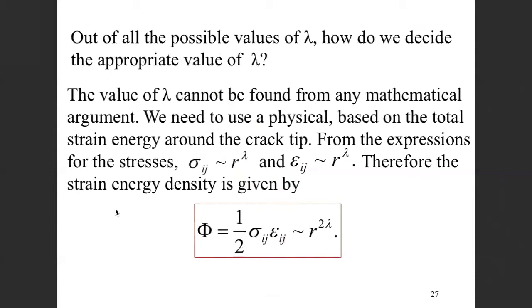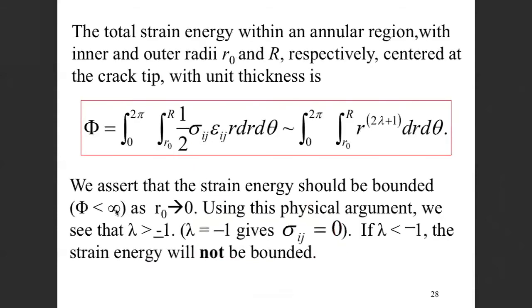So we need to constrain it, and the idea is then we bring back in a physical argument that says something about the strain energy from the crack tip, right? And so the strain energy is given like this, and it's going to be proportional to the radius to the 2 lambda parameter, right?